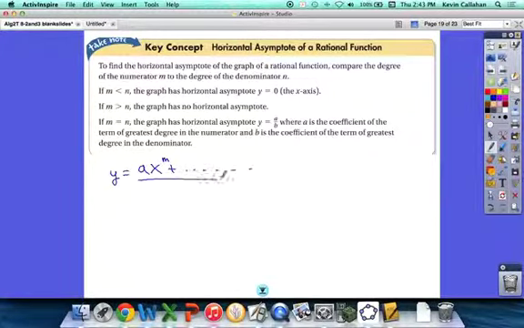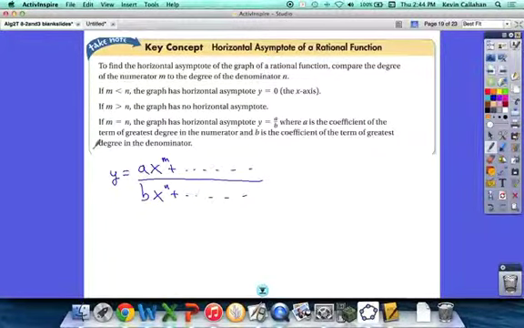In the denominator, bx to the n term plus other terms which don't matter. The a and b are the coefficients of the terms.